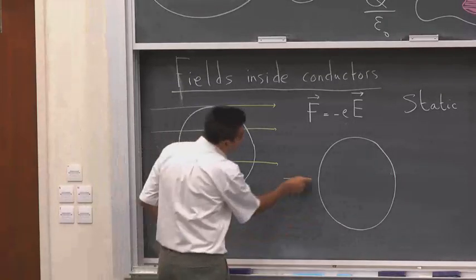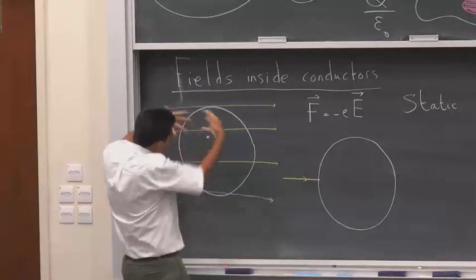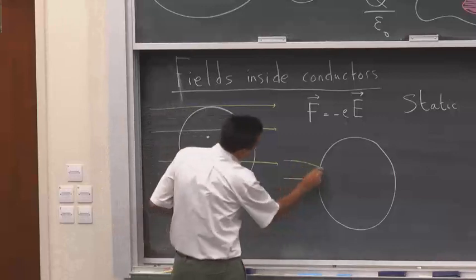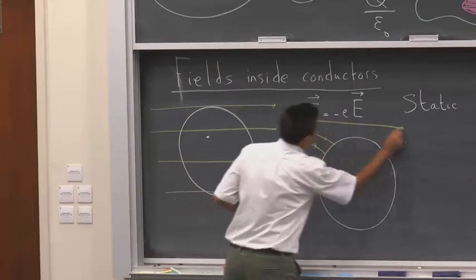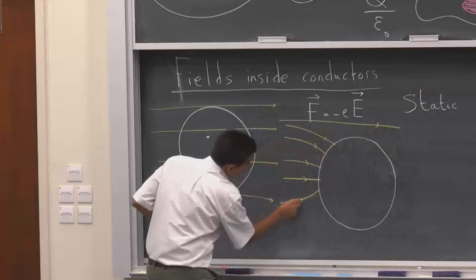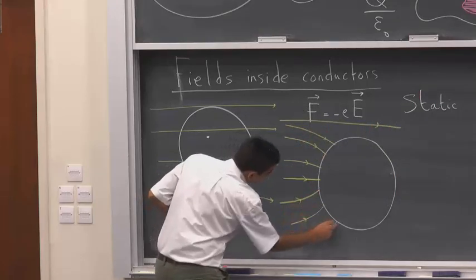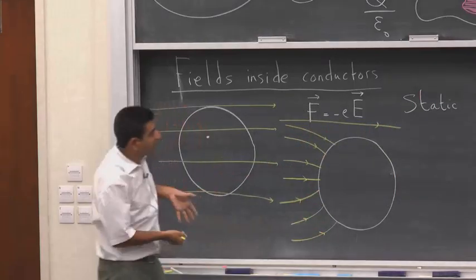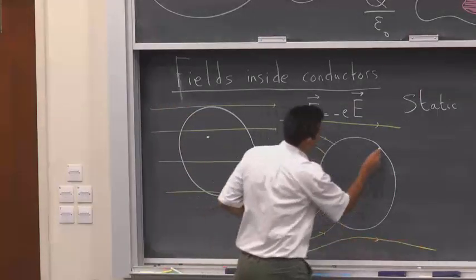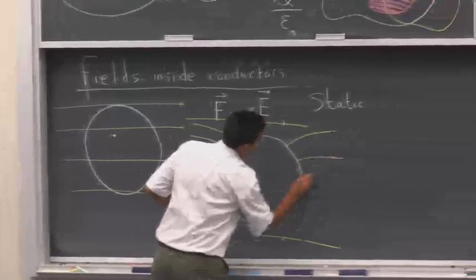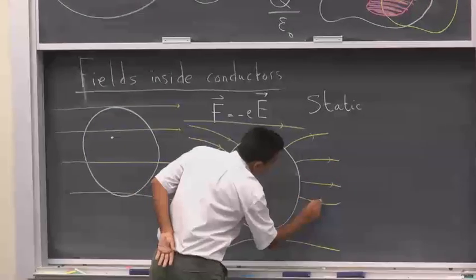So the electric field lines may now change their orientation so that they look something like this. This uniform electric field now redistributes such that it points something like this. And I will explain this in more detail later.